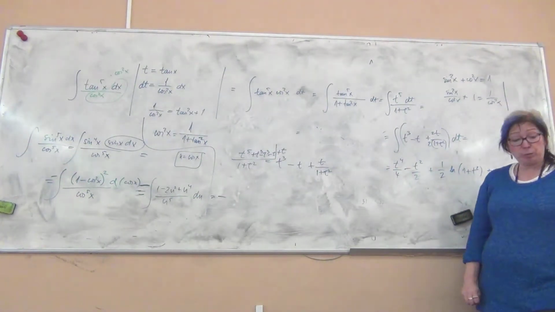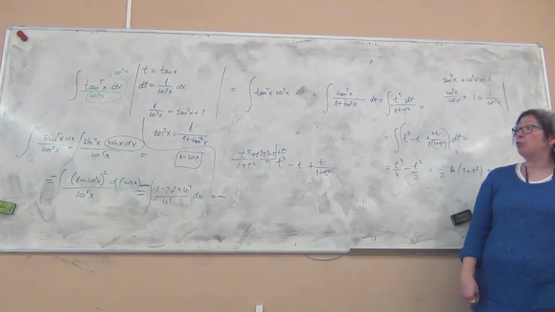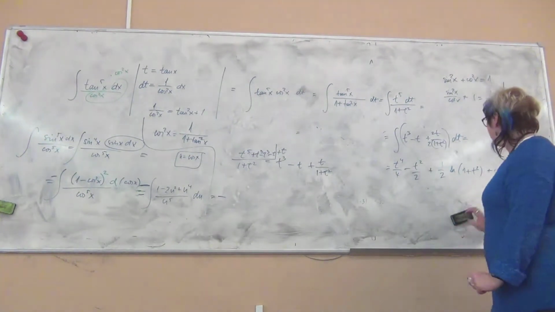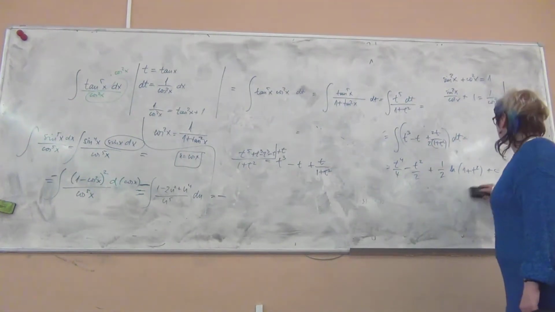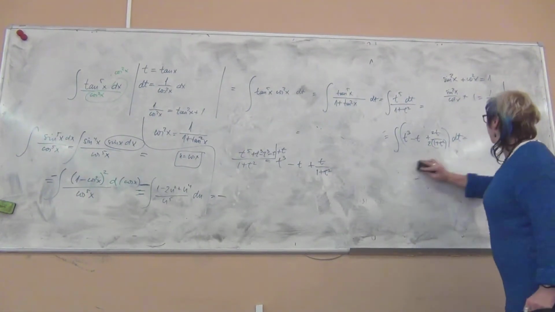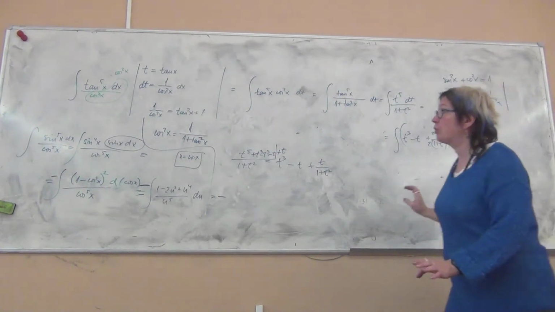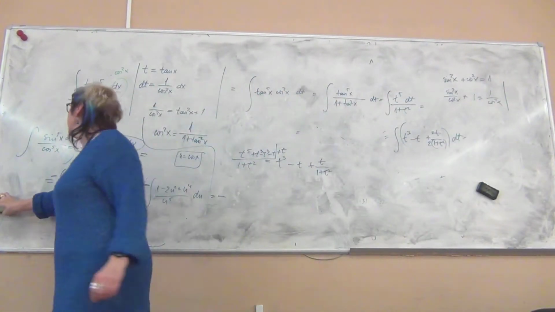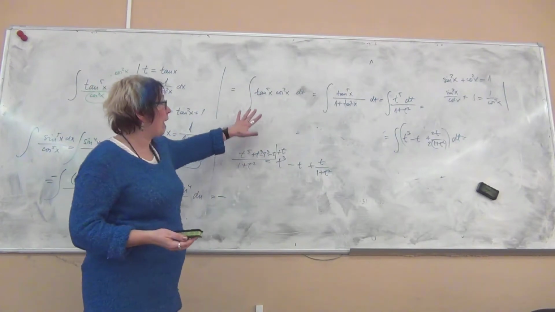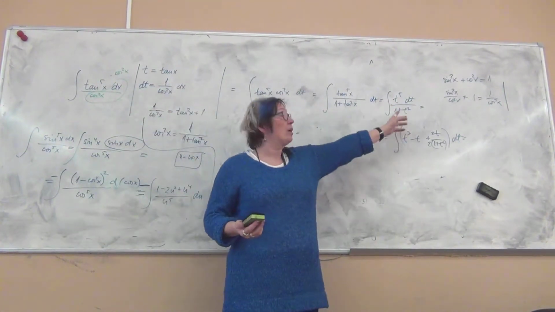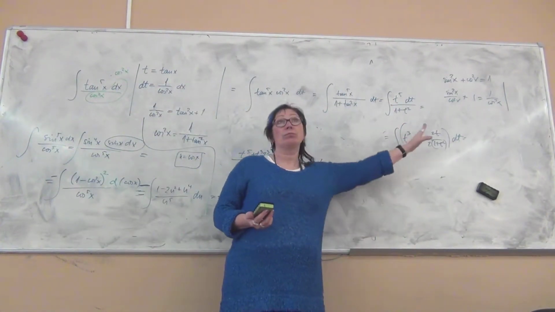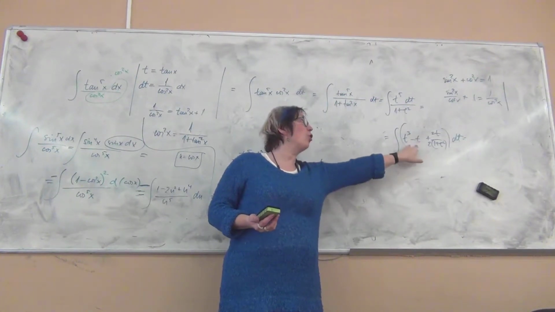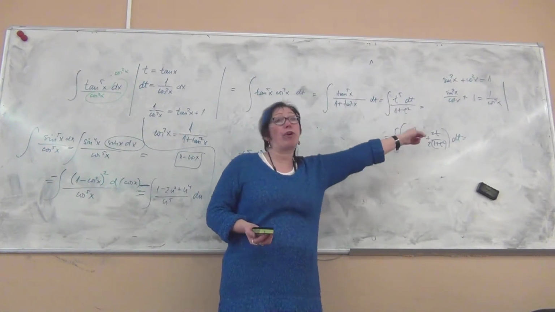Okay, so this was probably the most difficult of all these examples. To finish this correctly, you have to be able to divide out the polynomial and leave a proper fraction.